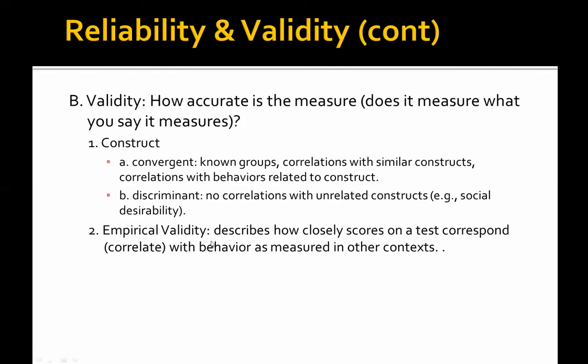Empirical validity gets at the same kind of thing of looking at the behavior. How well do they correlate with the behavior that we'd expect to see in other contexts? Again, the behavioral aspect really is a gold standard. It's hard to get that evidence, but when that evidence exists, that's what's most influential.